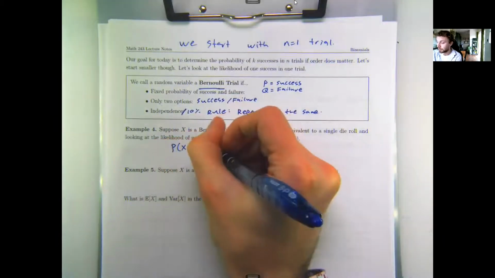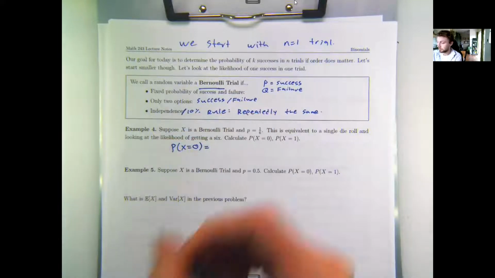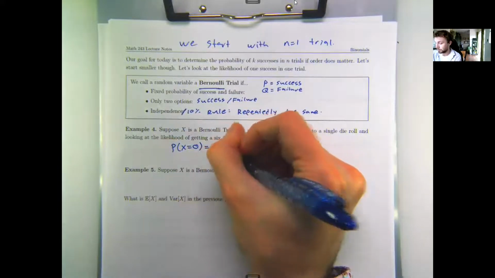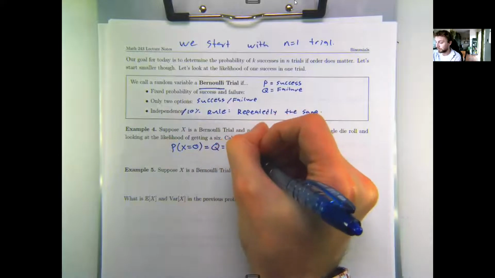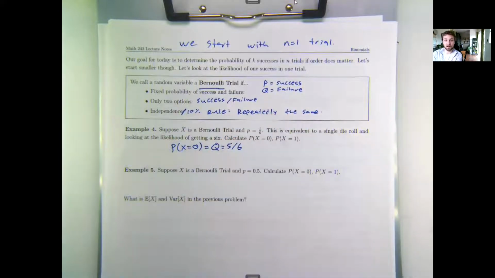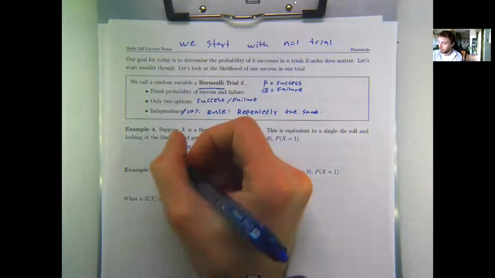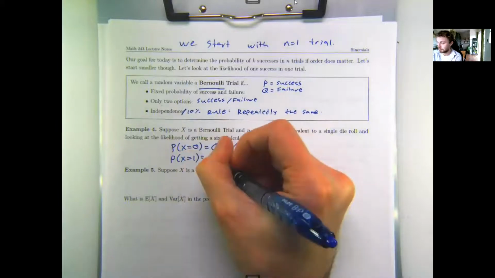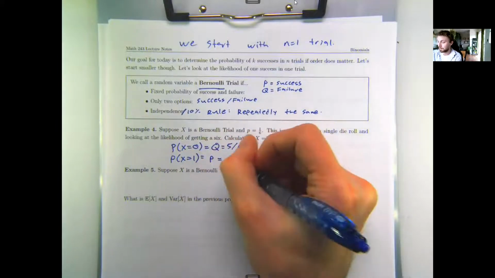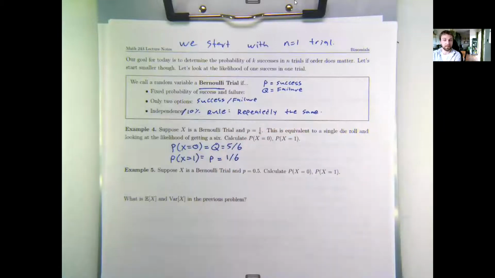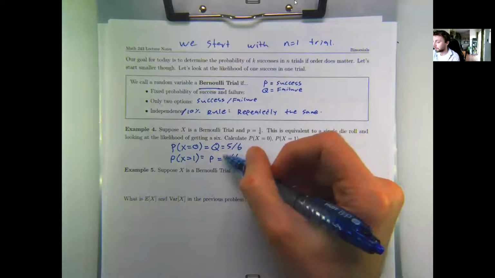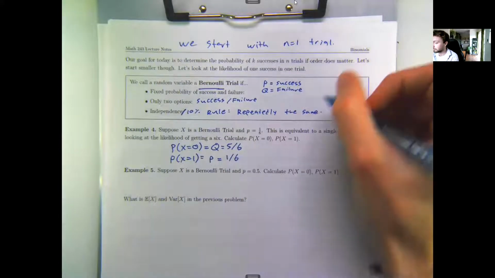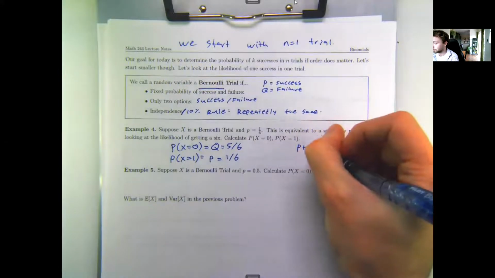Probability of 0 would mean no successes. This would represent a failure. And 5 out of those 6 sides on my die represented a failure. If I wanted to know the probability of success, of getting a 6, that was 1 of the 6 sides. So something you may notice, P and Q here, they add up to 100%. They're complements. So P plus Q is 1.